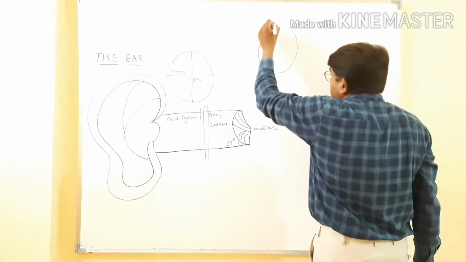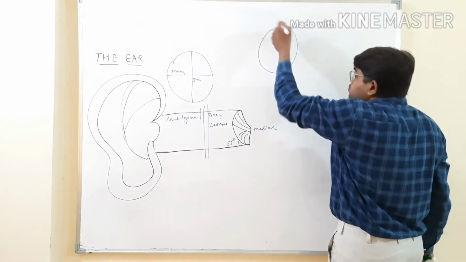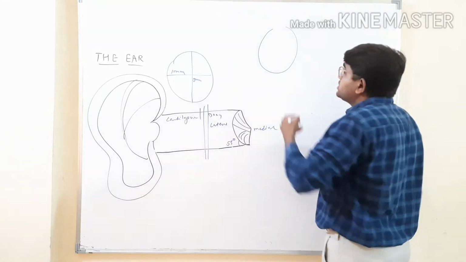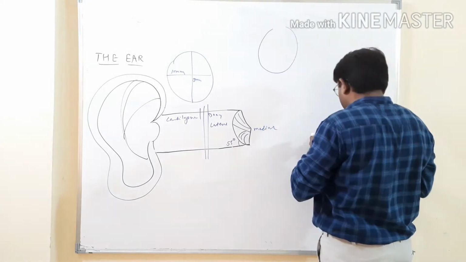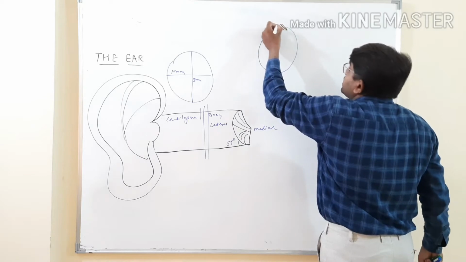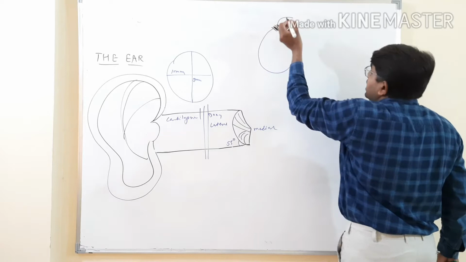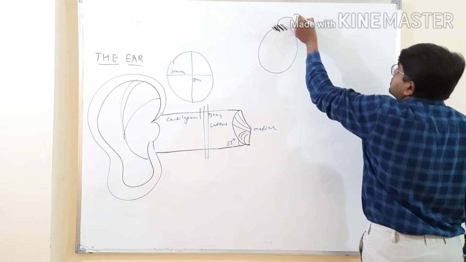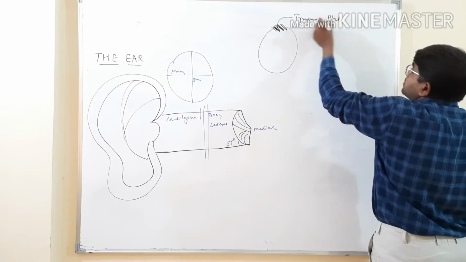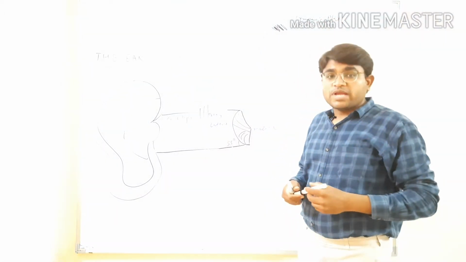Okay, so it is formed by the temporal bone, but on the superior side it is deficient and it is not completely round. This deficient area is filled with the squamous temporal bone, and this is known as the tympanic plate.